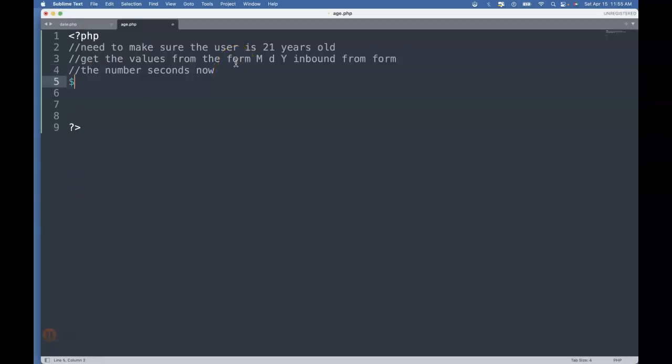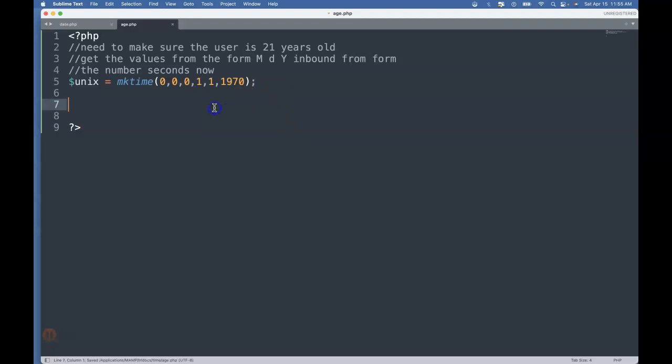So if I did something like unix equals mktime, and I did hours, minutes, seconds, month, day, 1970, that would be the Unix epoch.